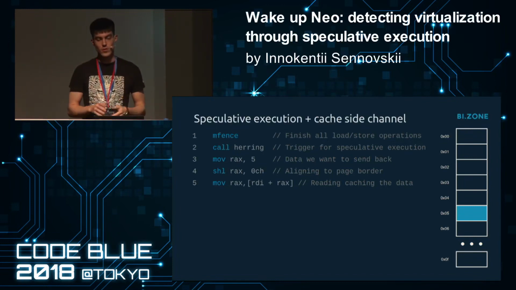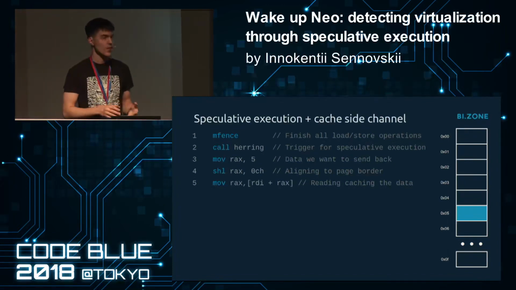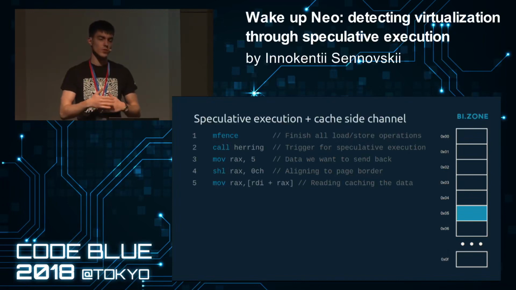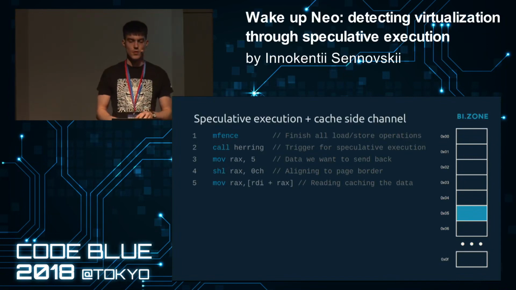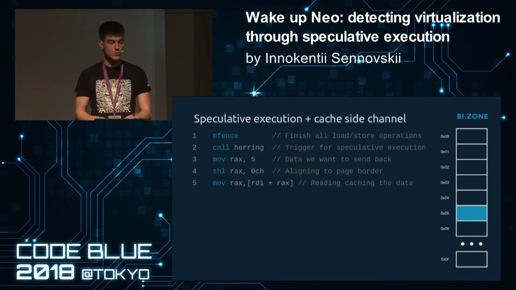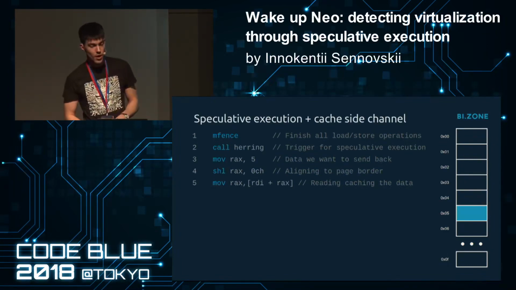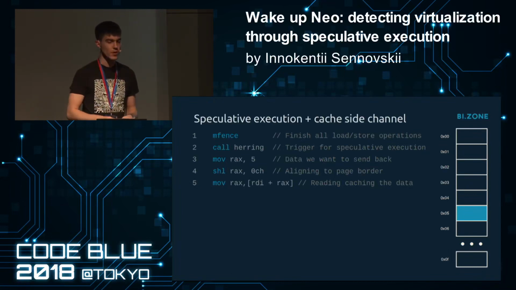Then we call a specific function called herring, which executes many instructions on the SIMD part of the CPU. Then at the end of the herring, we actually switch the return address so that it doesn't return to line 3 here. So everything from line 3 is actually executed speculatively and preemptively.